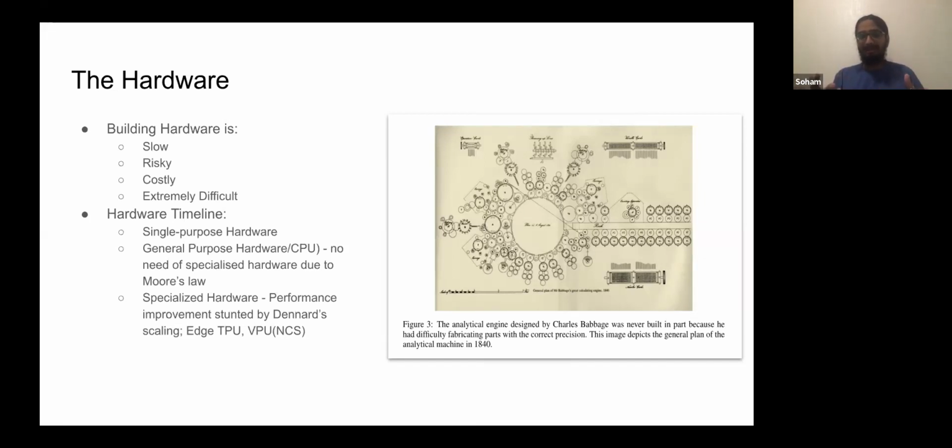And then after that, Moore's law started slowing down, and there's another thing called Dennard scaling, which is about how much power you can put into the chip.